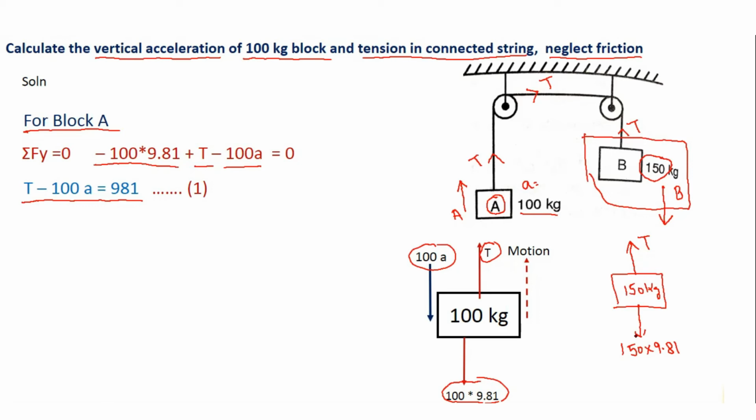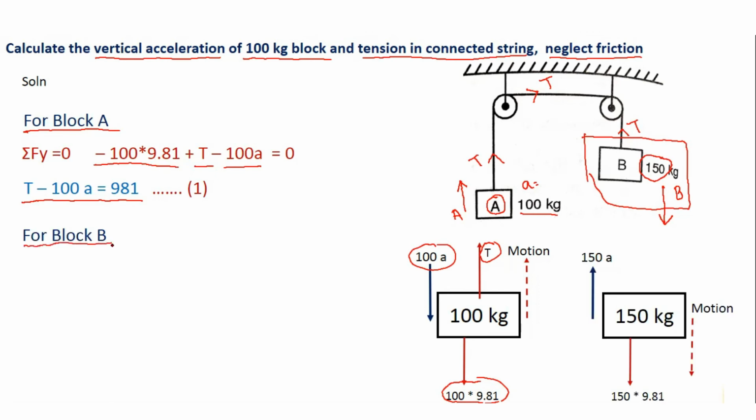Next step is to show the inertia force acting in the direction opposite to the motion of the body. We had assumed initially that the direction of motion for block B is downward. Hence, the inertia force acting will be upward with a value of 150 multiplied by A, that is mass multiplied by acceleration. Now we are ready to apply conditions of equilibrium. For block B, I start with summation of Fy is equal to 0.